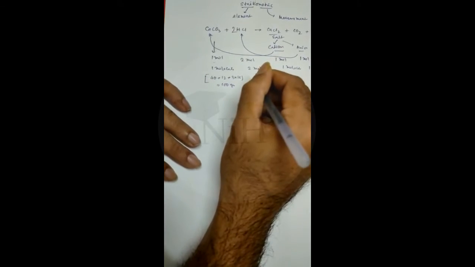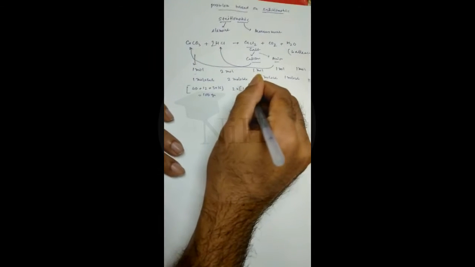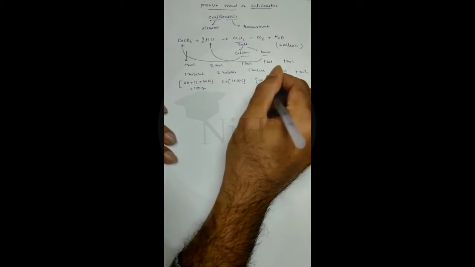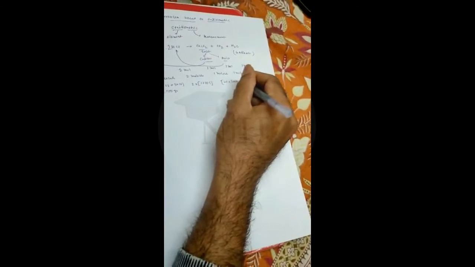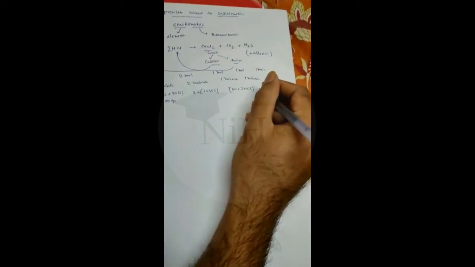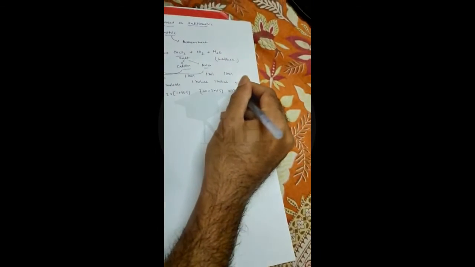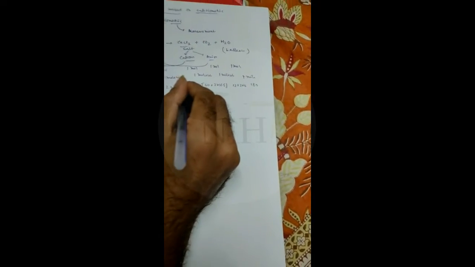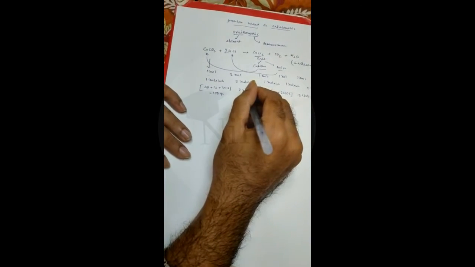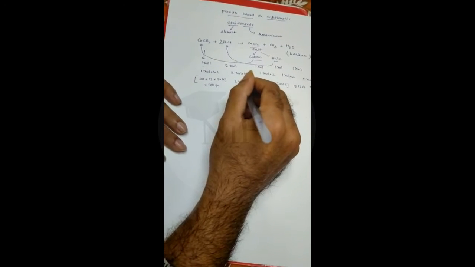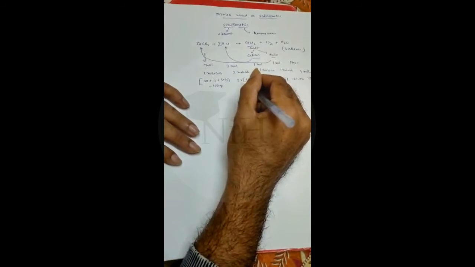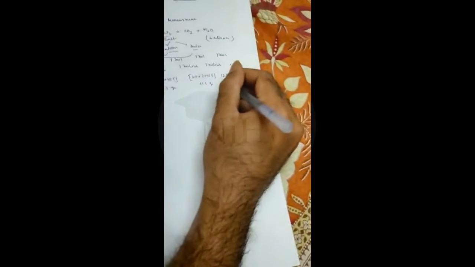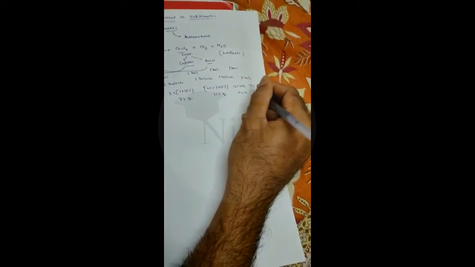For HCl, this is basically 2 into (1 plus 35.5), which is 2 into 36.5, that is 73 grams. This is 40 plus 2 into 35.5, which is 111 grams. This is 12 plus 2 into 16, which is 44 grams, and this is 18 grams.